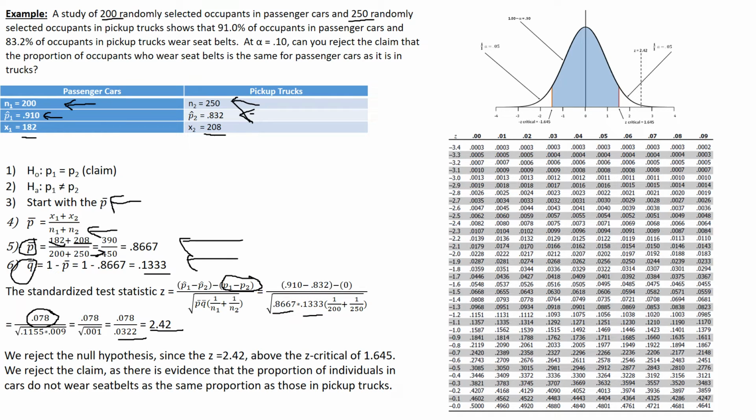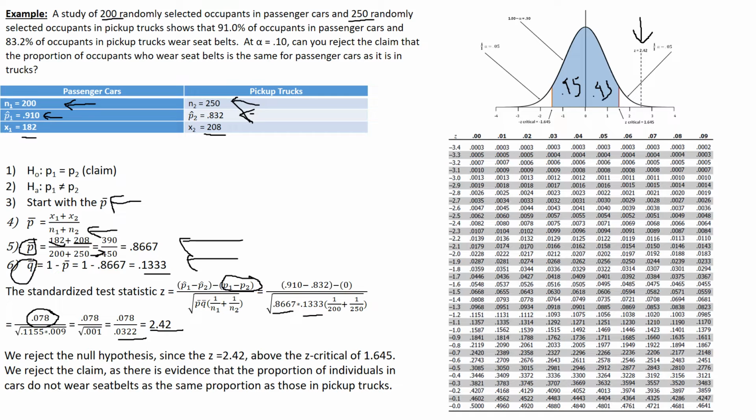And as I put up here, 2.42 is my z. It's right here. Now let's see what our critical points are. We said it's two-tailed, and alpha of 0.10 for two-tailed is 0.05 on both sides, because 0.90 is in the middle, so 0.45 on each side of the center.